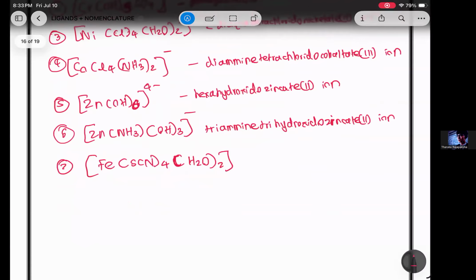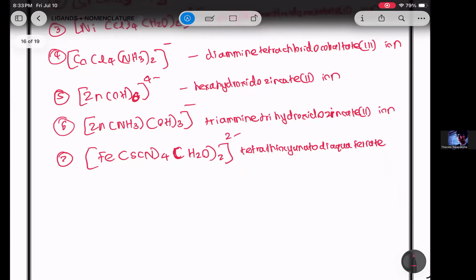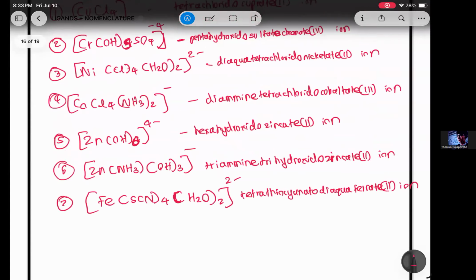Then next one, tetrathiocyanato diaqua ferrate. I haven't given a charge, right? It's -2. Ferrate 2 ion. Write these things.